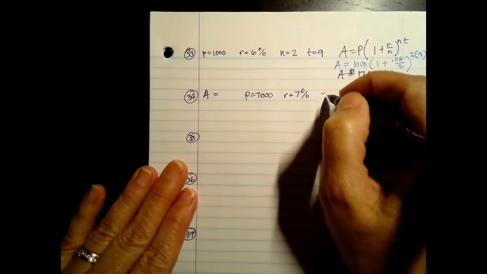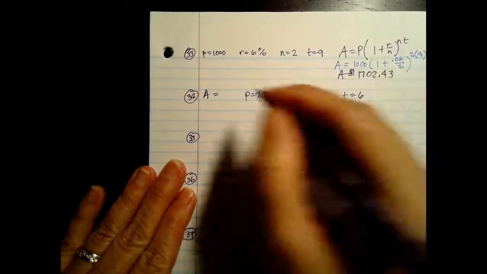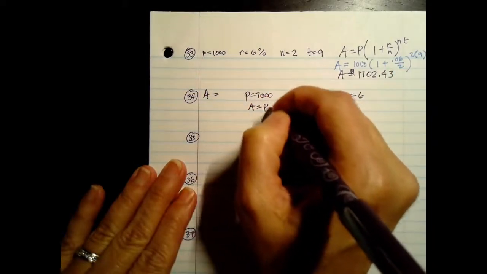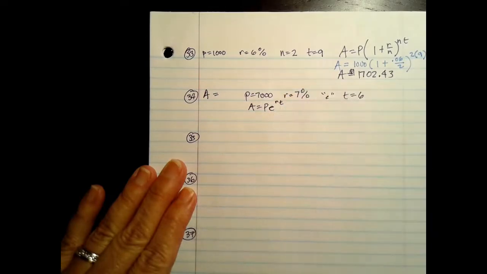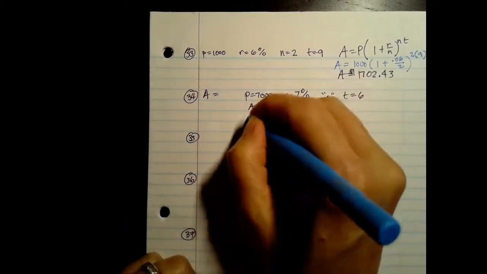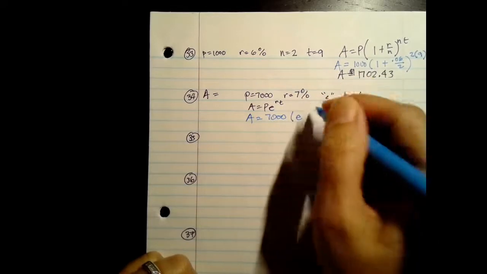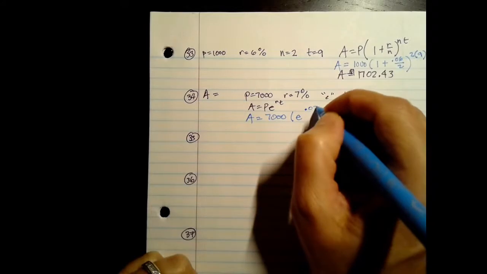Okay, that's a clue, right? I'm thinking E. And then for how long? 6 years. So my second formula I can use is A equals P times E to the RT. So for that one, I'll plug my values in. So A equals 7,000 times E raised to the 0.07 times 6.